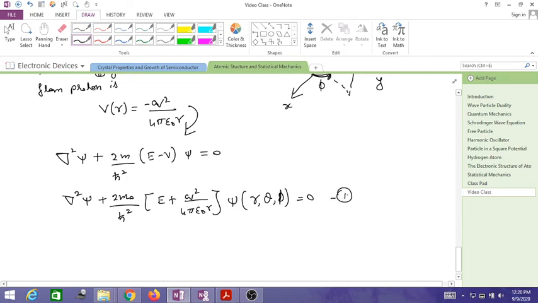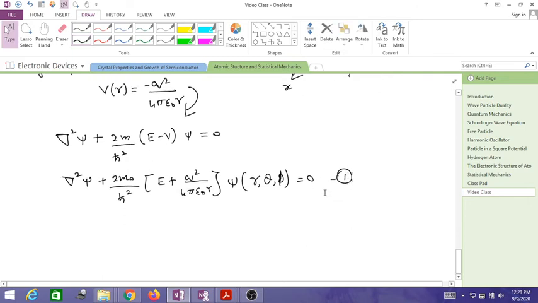Let us call this equation number 1. After solving this equation in a spherical coordinate system, the wave function with respect to r, theta and phi becomes R of r, Theta of theta and Phi of phi.